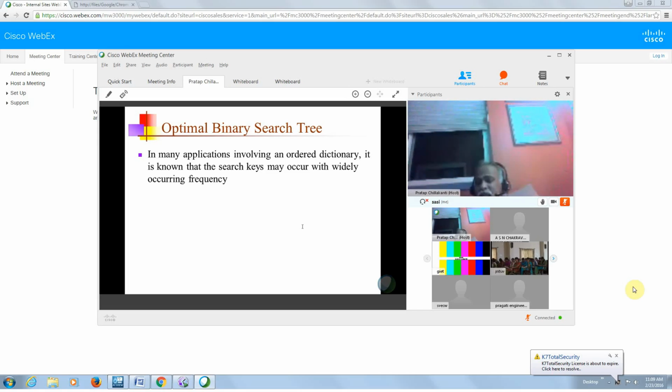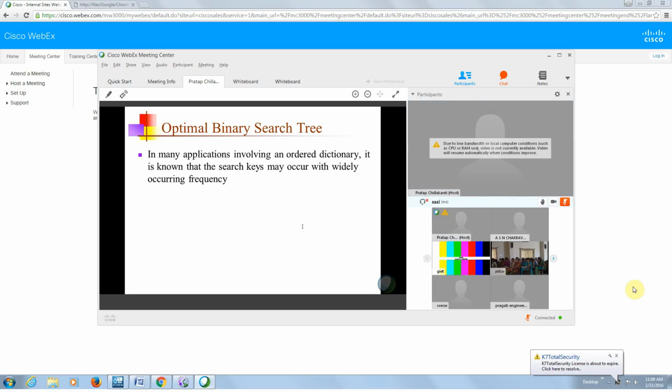So now in your mind you should be thinking, aha, it's an optimal binary search tree, going to search at the branches level.